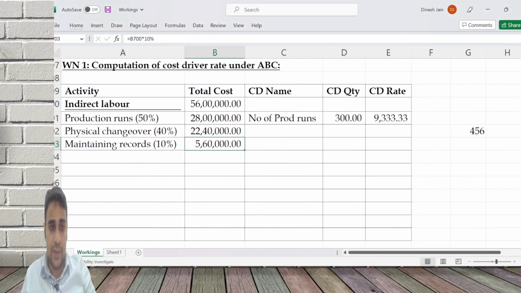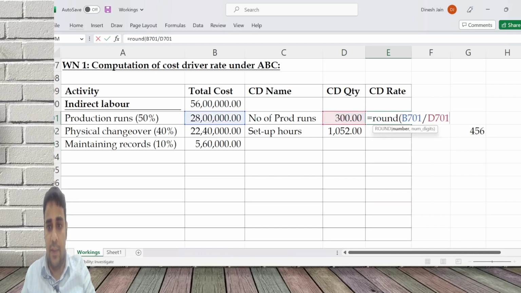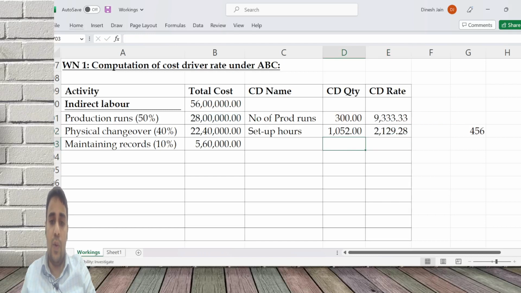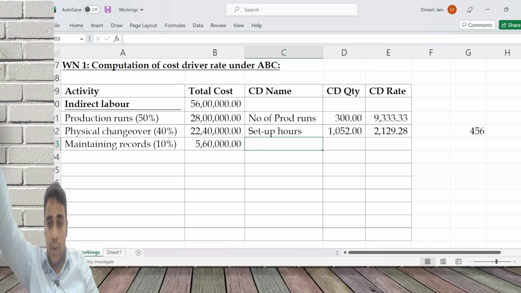So setup hours 1052, and we will get a recovery rate for this as well. Recovery rate is 2129.28.